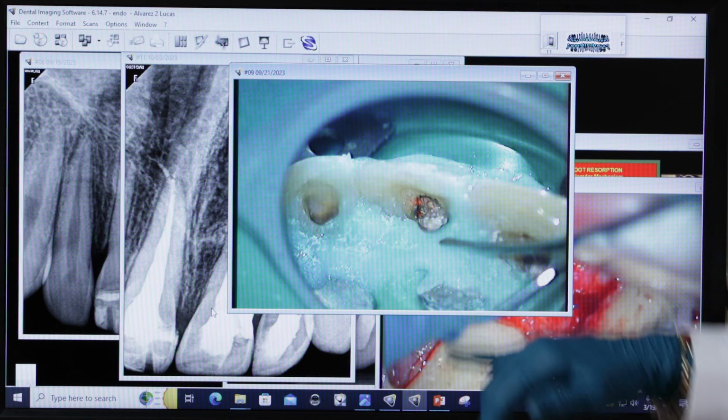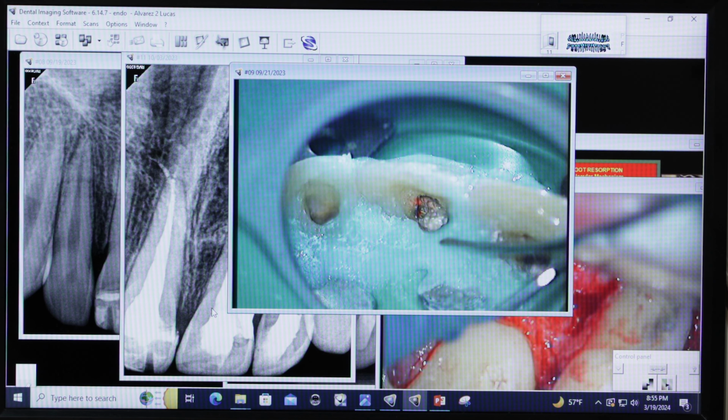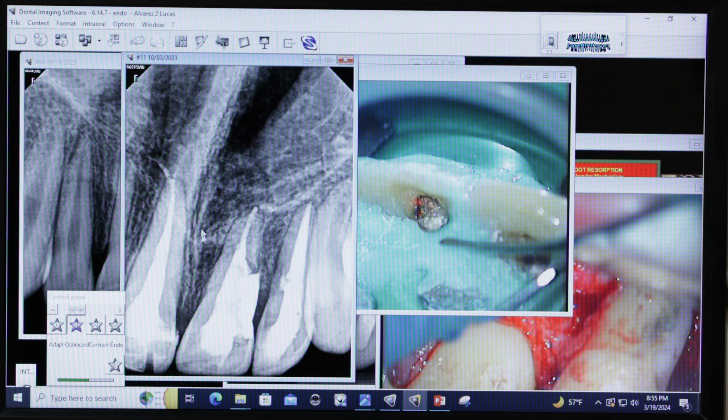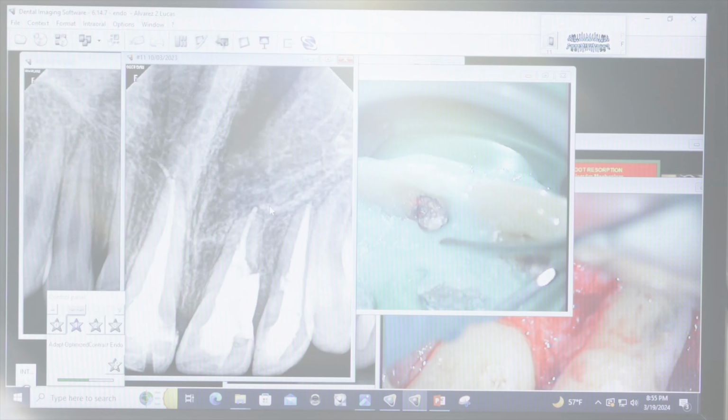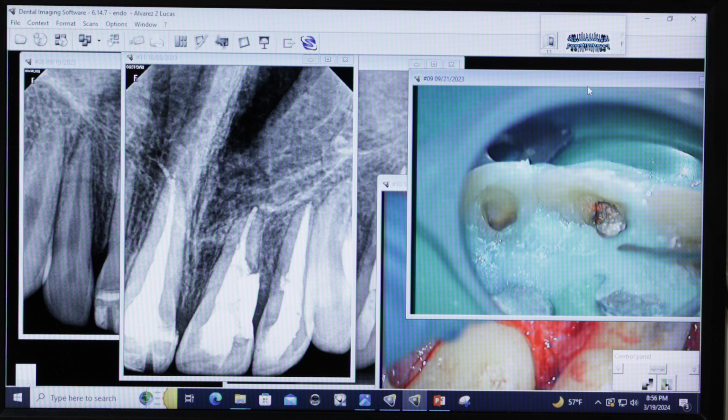We placed the MTA. This picture is when we were placing the MTA. Then after the MTA is placed, I have the patient come back in a week. We did the surgery to cover the external area. It is the only tooth that has to be covered surgically, because the others didn't need that.